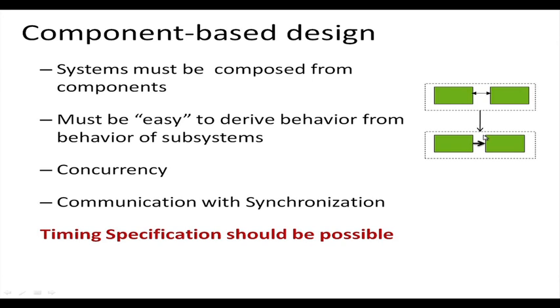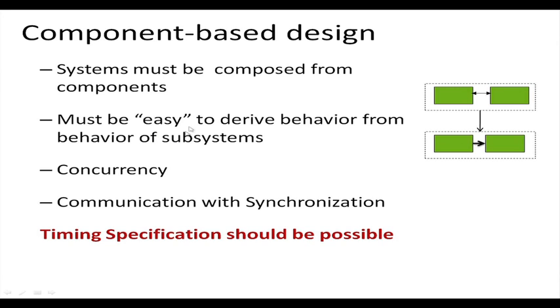So, the other important point is the communication between the components. Now, this component, as you can see, is a hierarchical description, because it can be further broken down into these two green components which have their communication among themselves, and this component again can be broken down into these two green components where there is a sequential communication between them, right.